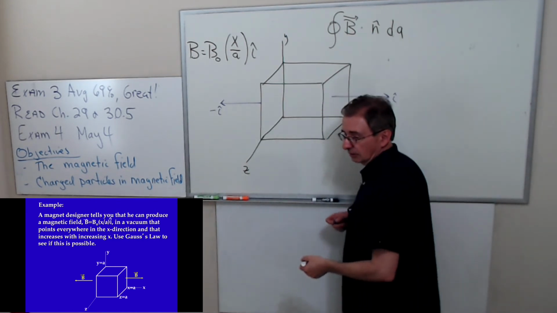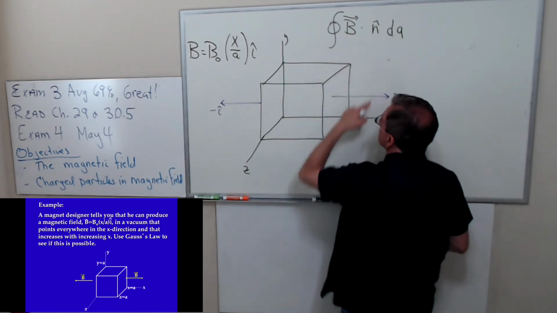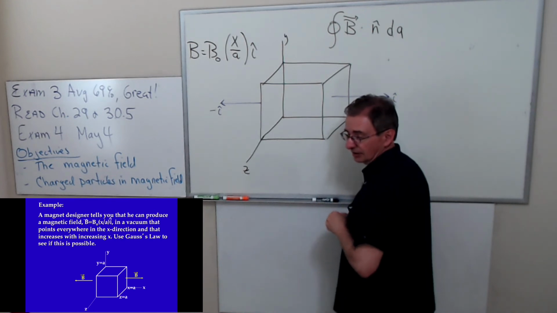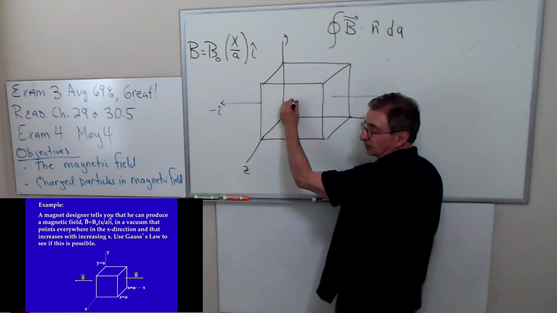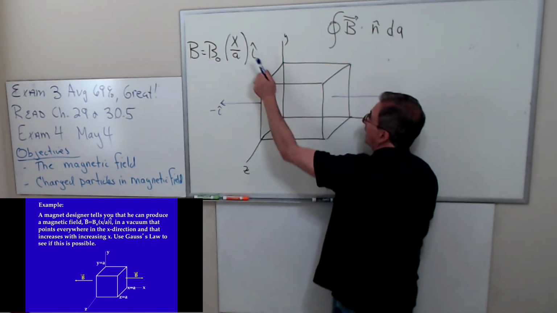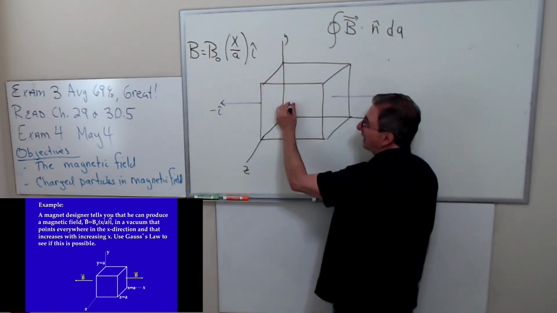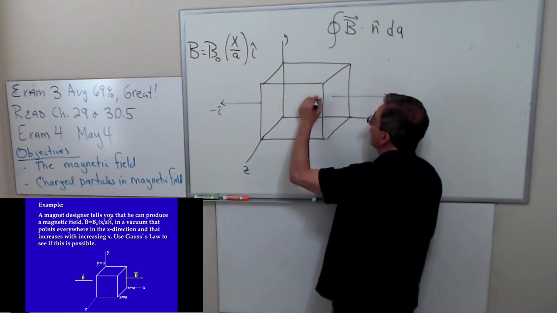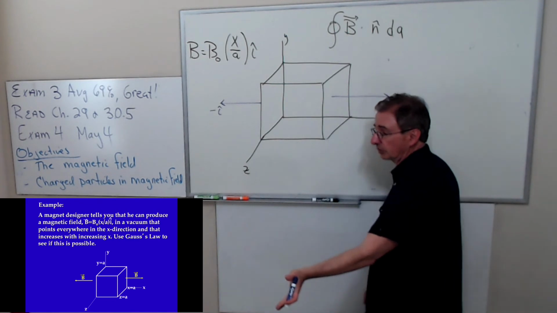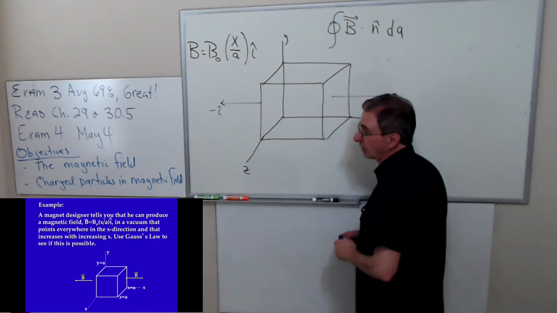The other four, the dot product is going to be 0, right? If this direction is the z direction, i dot k is what? 0. So this one, the one behind it, the one above, and the one below don't contribute at all. So just the one on the left and the right.